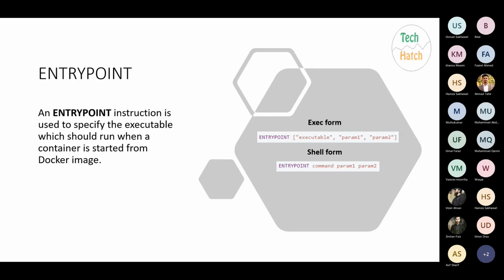For example, if you need a CMD instruction along with the entry point instruction, the entry point instruction can be written first and then the CMD instruction, so that you can have the arg variables or build arg variables along with the entry point instruction, so that it will be easy for you to get variables from the CLI and to provide an instruction when the container is being launched from a particular image.